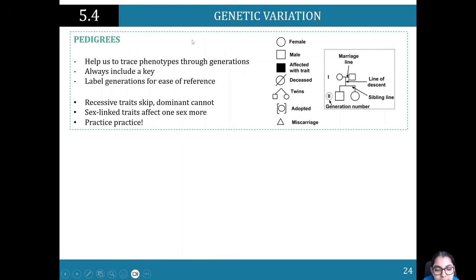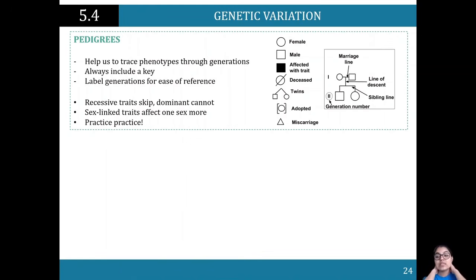Essentially, as you can see here, we have a pedigree. There is the marriage line between a female and a male, and they have 2 descendants. They have a son and a daughter, and that's a sibling line between the two.